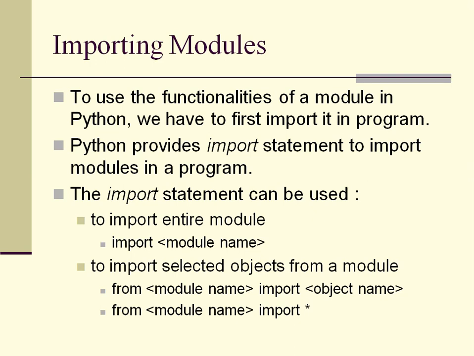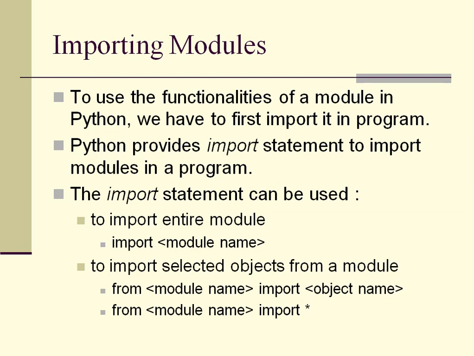And if you want to import all the objects, there is also a command. You can write from the name of the module import star. You know, star means everything. So for example, from math import star. So all those objects will be imported.